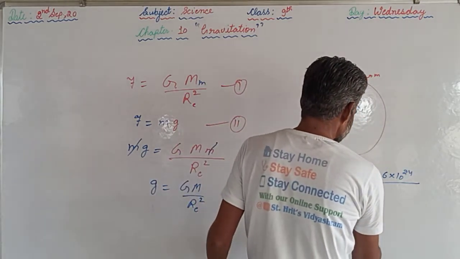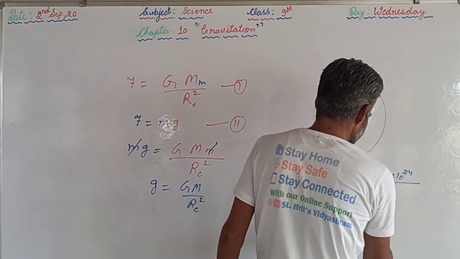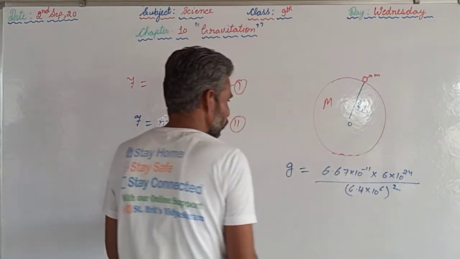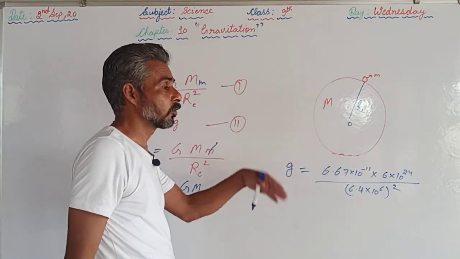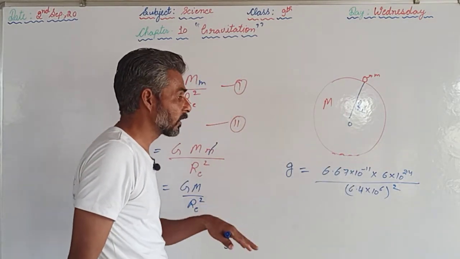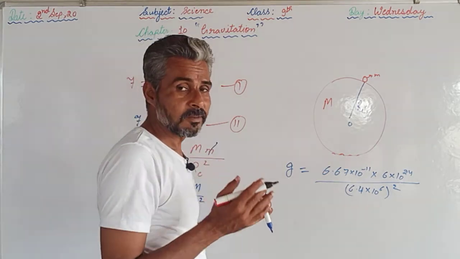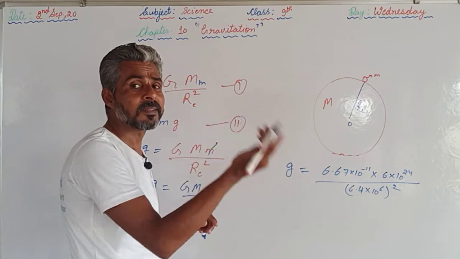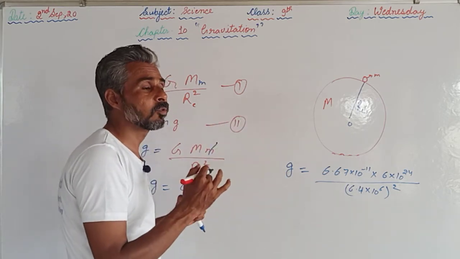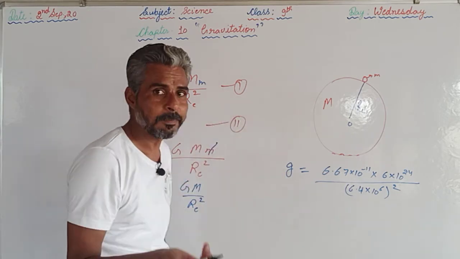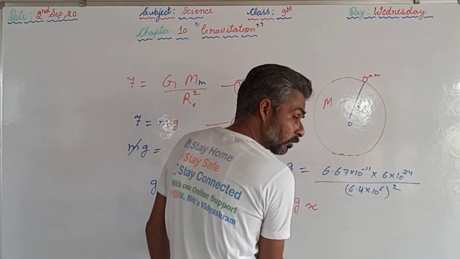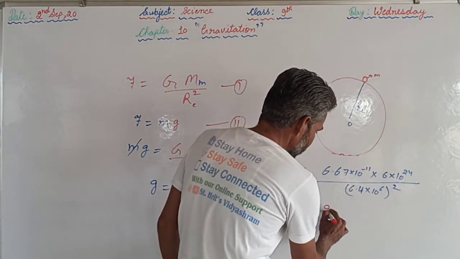The radius of the earth is 6.4 into 10 raised to power 6 meters, squared. To calculate that, as I told you in the previous example, we segregate the decimal terms and the exponential terms and solve the exponential terms separately. After solving, g will be approximately equal to 9.8.